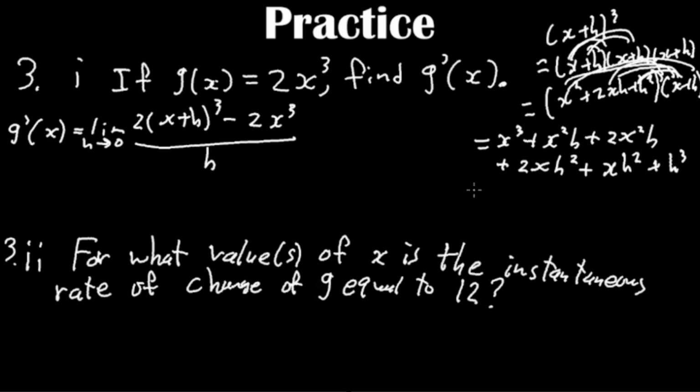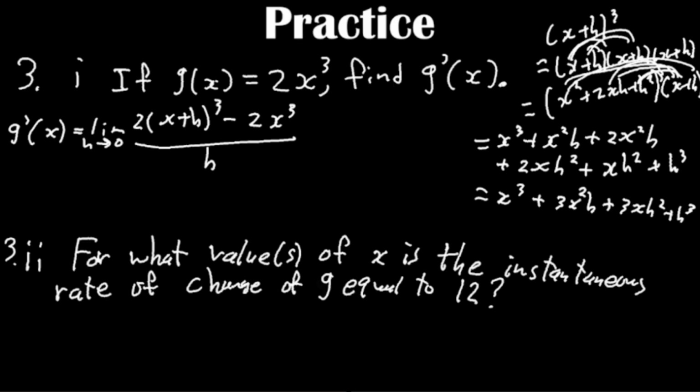And now we can combine some terms. So that's x cubed plus, we have a total of 3x squared h, and then we have a total of 3xh squared, and then we have an h to the third power.